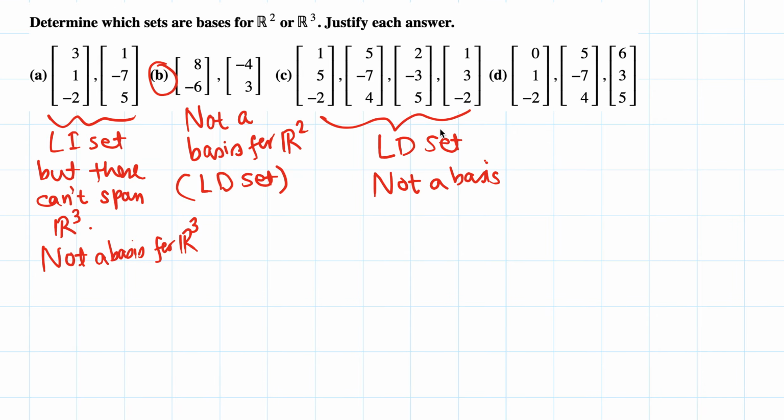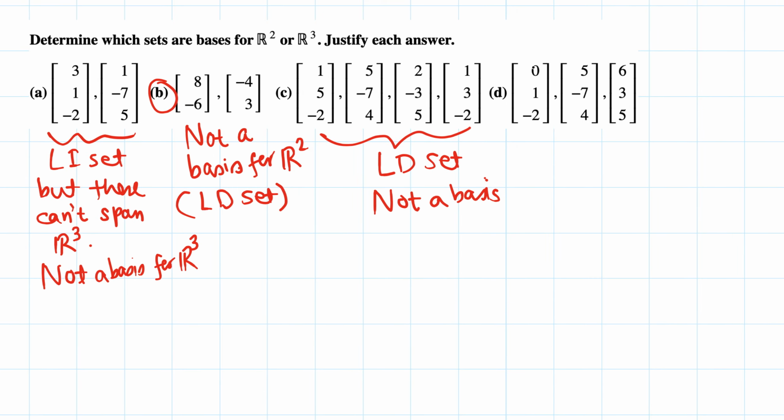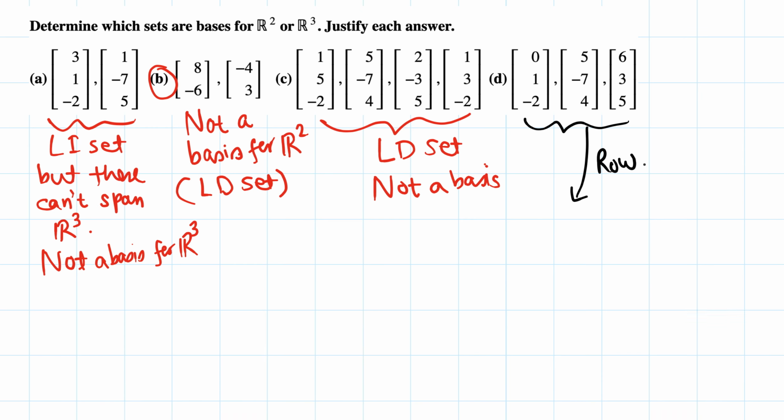Now D. Let's do this over here in R3, because we got 3 components and we got 3 vectors. They may or may not span R3. Though there are 3 vectors, they can be linearly dependent, but we just can't see that from here. So for this one, we need to form the corresponding matrix and do some row reduction.